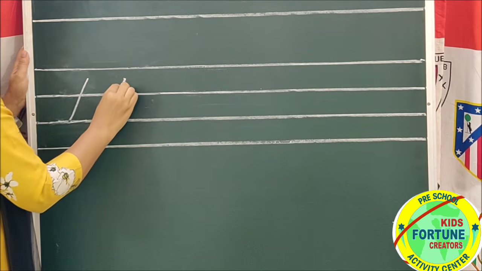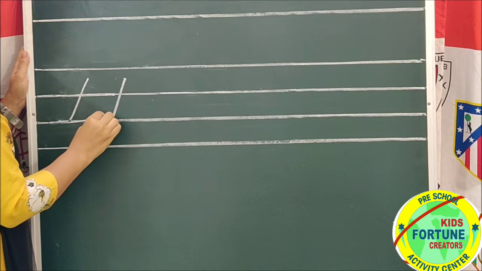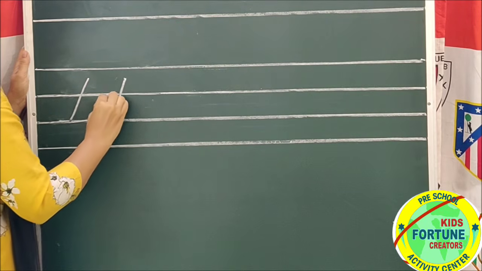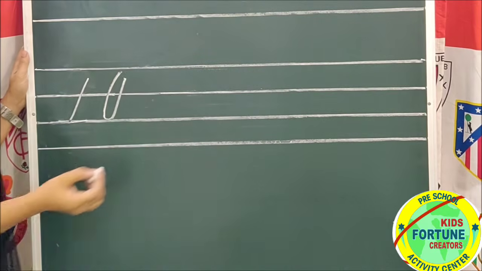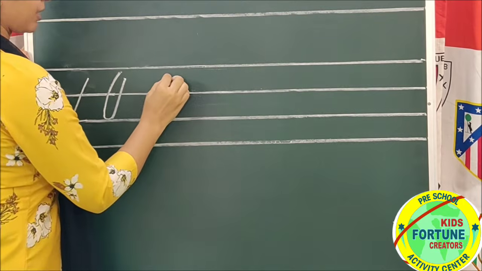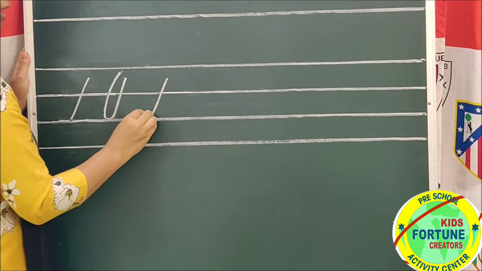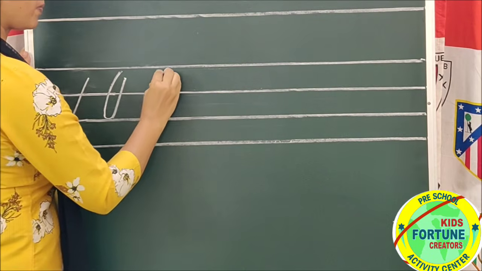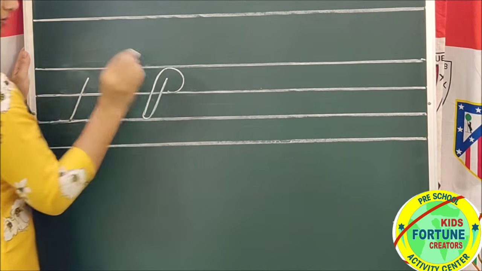Now put again your pencil point between first and second line. Come down with slant line, from back loop and go up. Okay. The third step: draw first big curve.